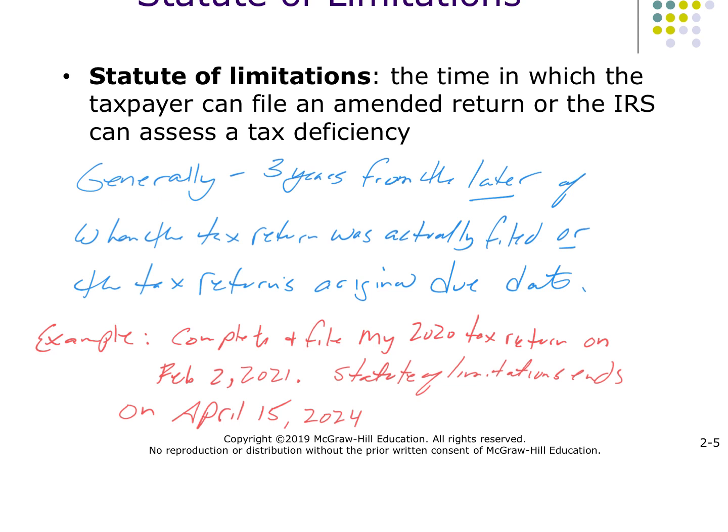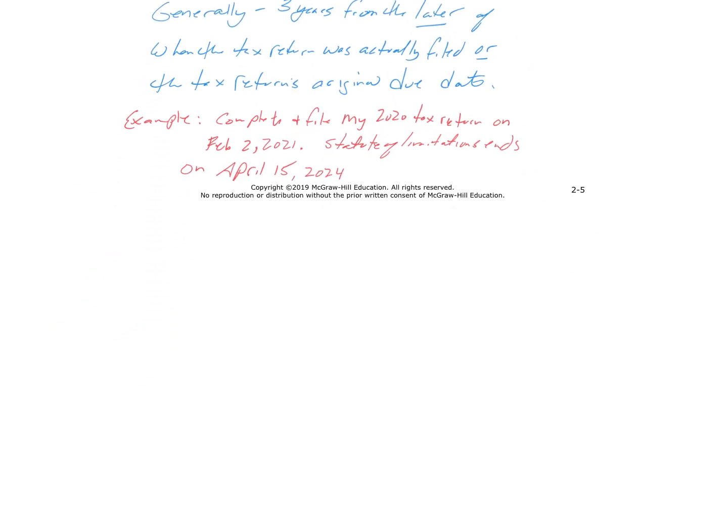All right. And so we're back on our statute of limitations slide. The reason I'm going back is because we did not talk about statute of limitations for other situations. So let's say that the IRS is asserting fraud.